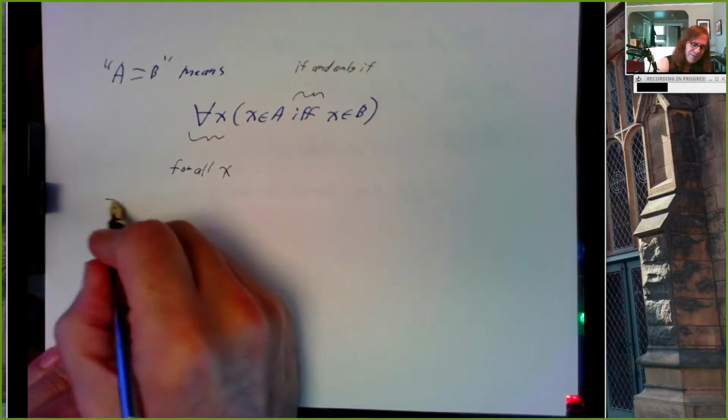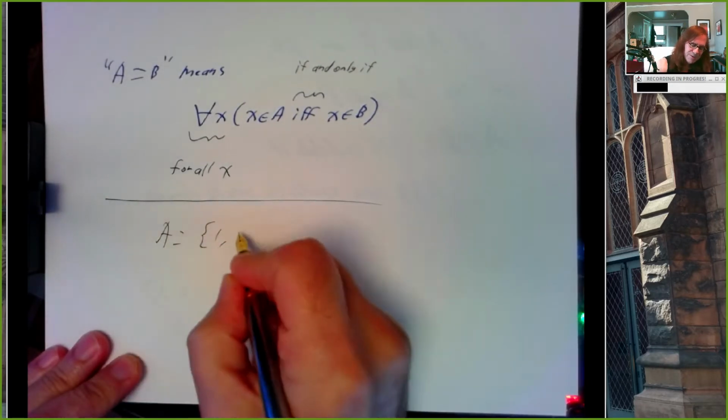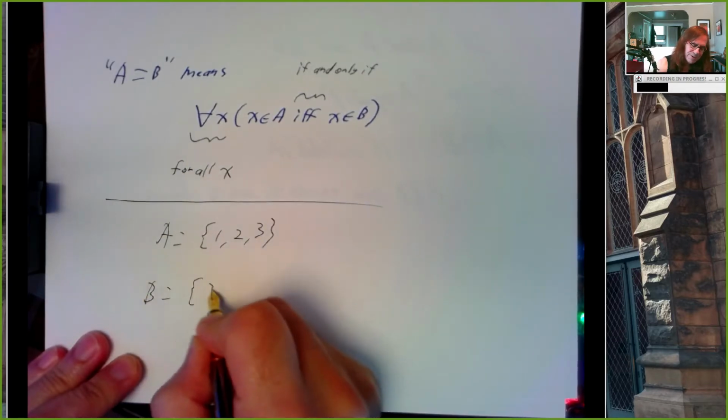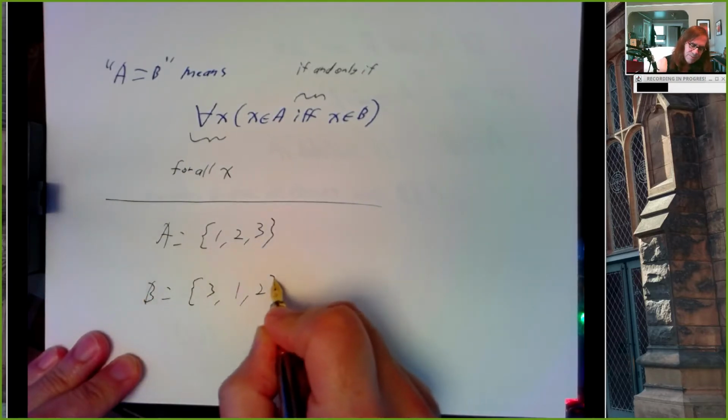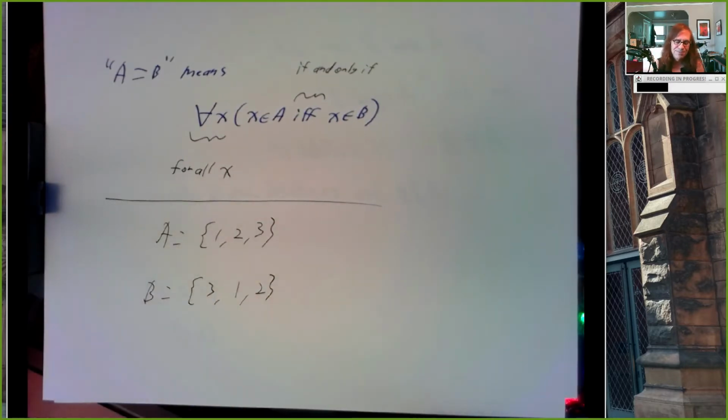So if we keep that notion in mind, and I make a set A which is 1, 2, 3, and I write a set B which is 3, 1, 2, is A equal to B? Yeah, A is equal to B because they contain exactly the same elements, 1, 2, and 3.